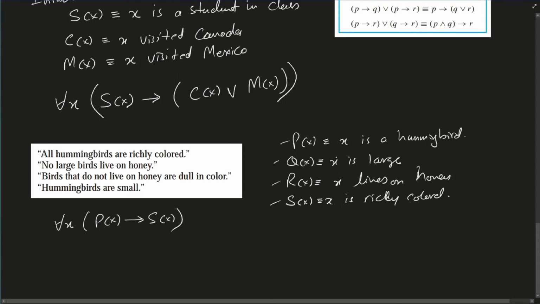The second statement, no large birds live on honey. We have large birds, Q of x, and lives on honey, R of x. When we quantify this, we say no large bird, so there doesn't exist an x such that Q of x and R of x.